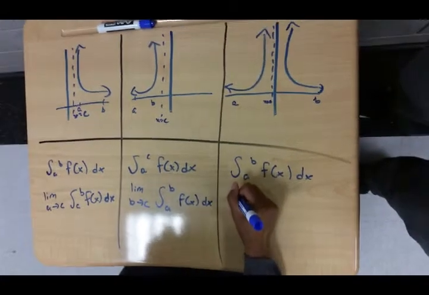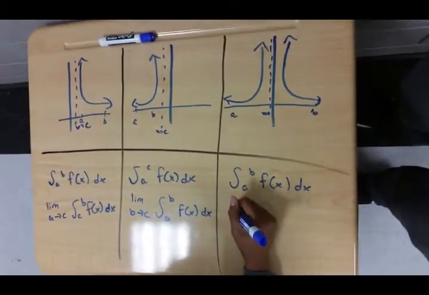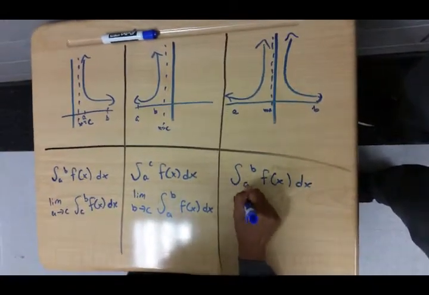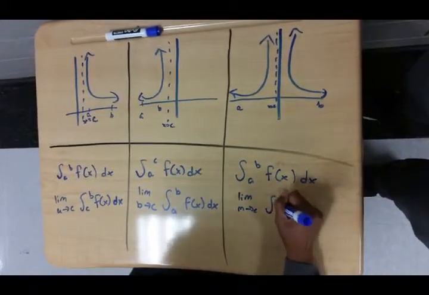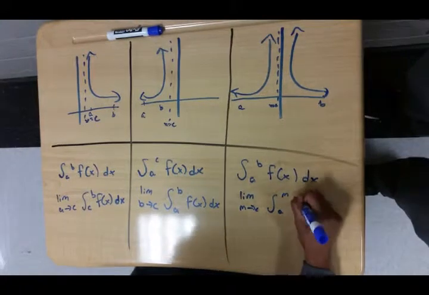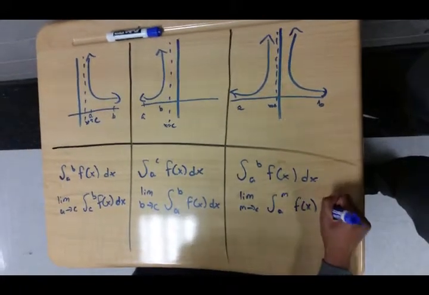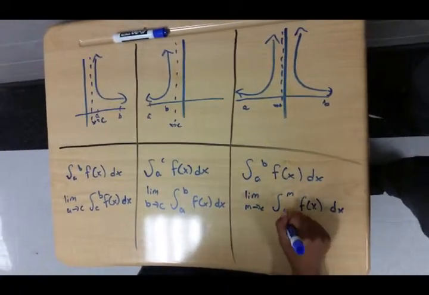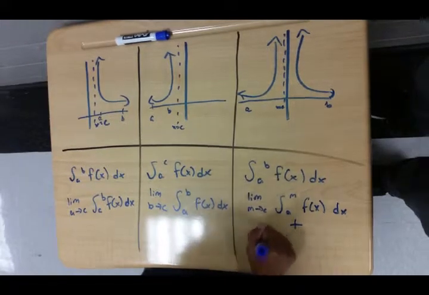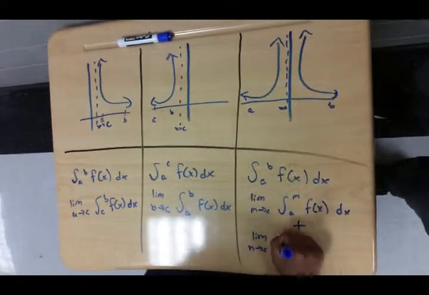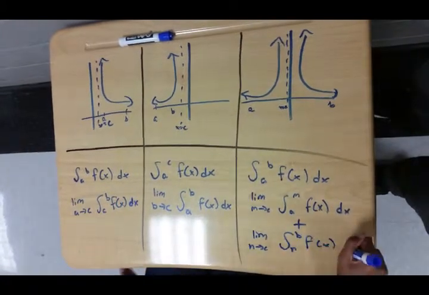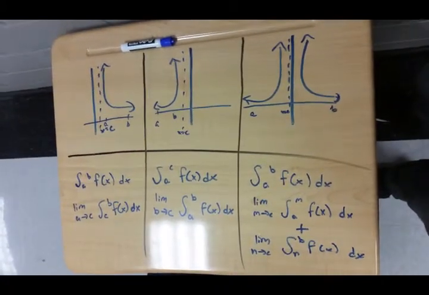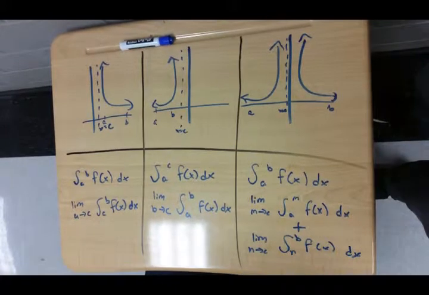One is it's just like the splitting one that we did before. It's the limit as m goes to c of the integral from a to m of f of x dx, and you're going to add the limit as n goes to c of the integral from n to b of f of x dx. And you're probably wondering, where is she getting n from?